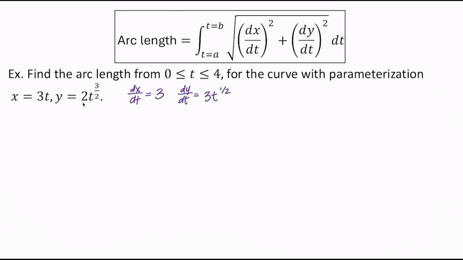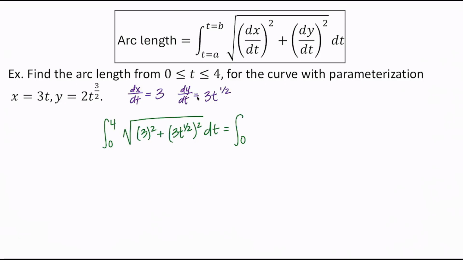So we'll set up our integral. We're going to have the integral from 0 to 4, the square root of 3 squared, so dx dt squared, plus dy dt squared, so plus 3t to the 1/2 squared dt.